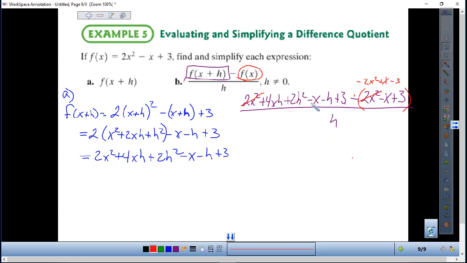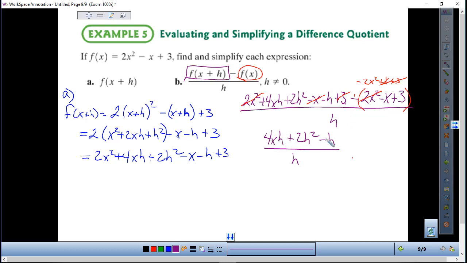All right, so now my negative x and my plus x are going to cancel each other out. And my 3 and my negative 3 right there are going to cancel each other out. So the only thing that's left is going to be what? 4xh plus 2h squared minus h, and the rest of that canceled out, all over h. Now this is why you know that you've done something wrong if you end up with something up here that doesn't have an h in it.